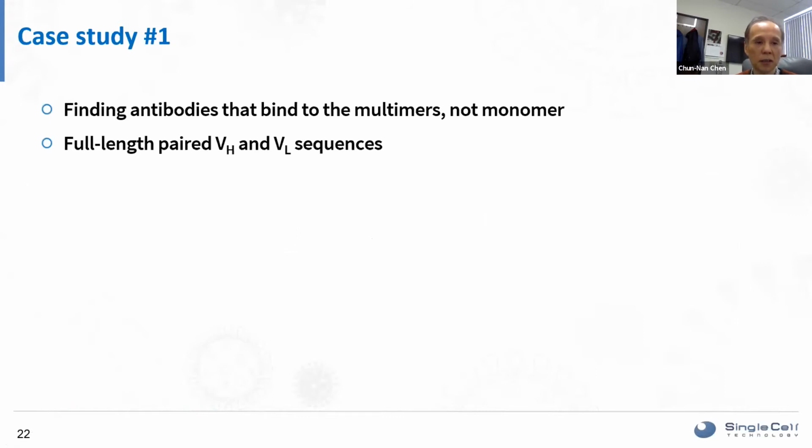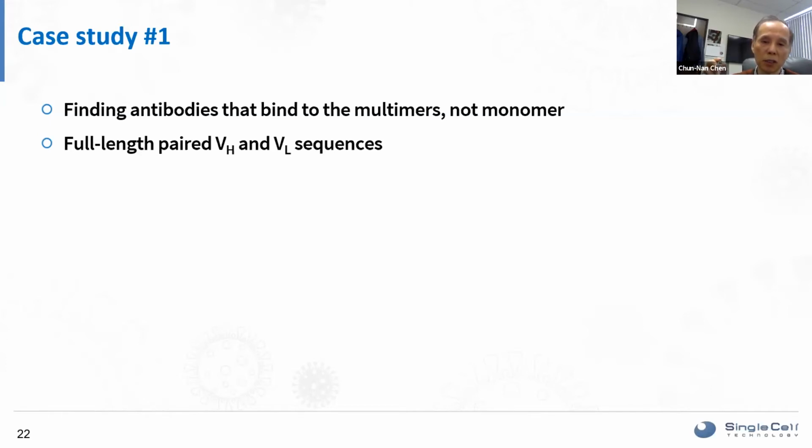Here is a study where we want to find antibodies that bind to a multimer, not the monomer. This particular protein has subunits, but the goal of the project is to find an antibody that binds most likely to the interface between the different monomers.